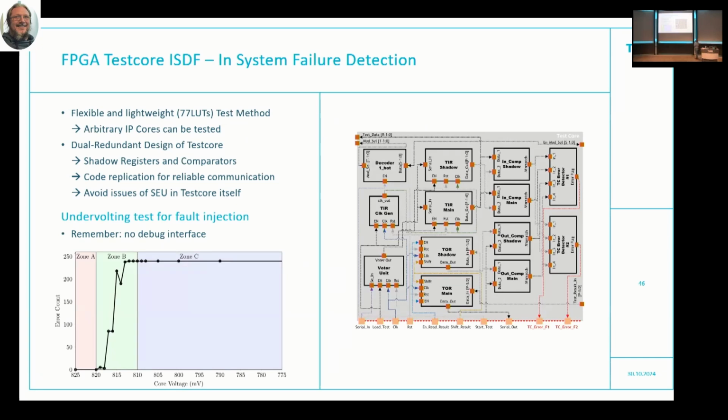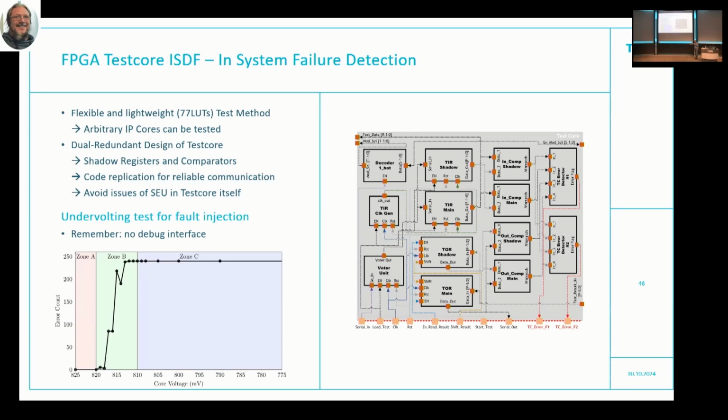So this is the test core from the inside. Again, you don't have to understand everything here. It's just to impress upon you what we implemented. The interesting part written down here is that this entire test core uses just 77 lookup tables. So it's really tiny and lightweight, and this is what we want to achieve. It's flexible, so we can wrap it around the IP cores that we have in our implementation.